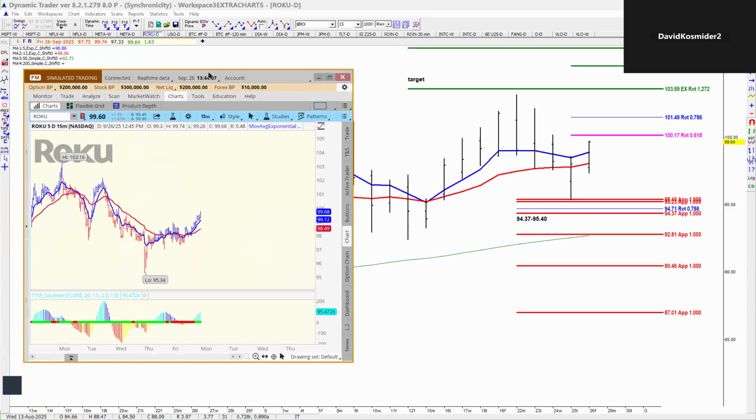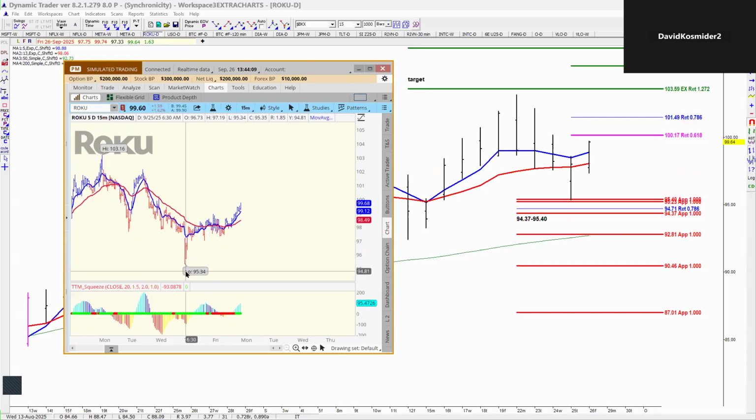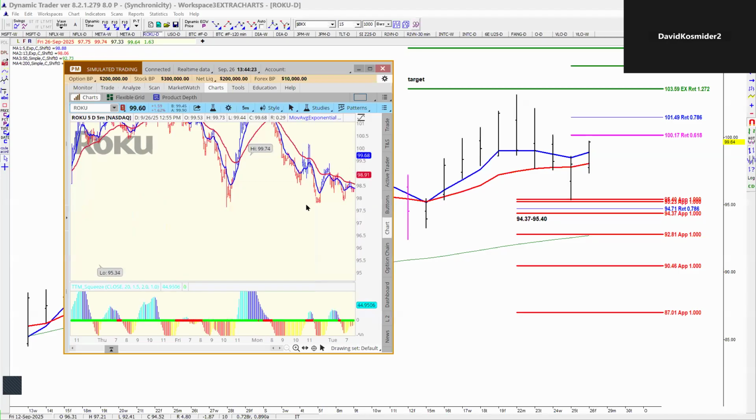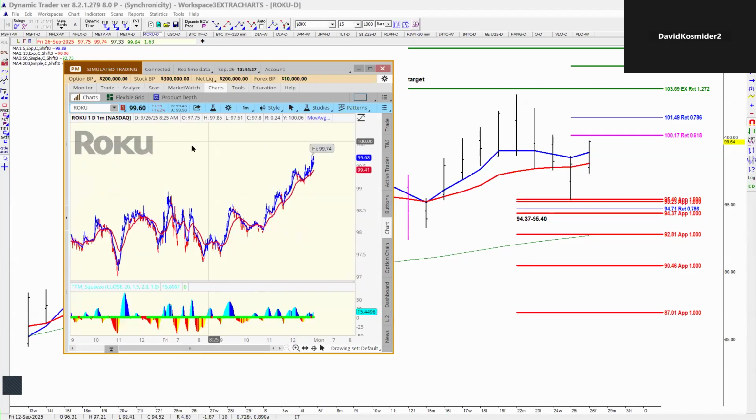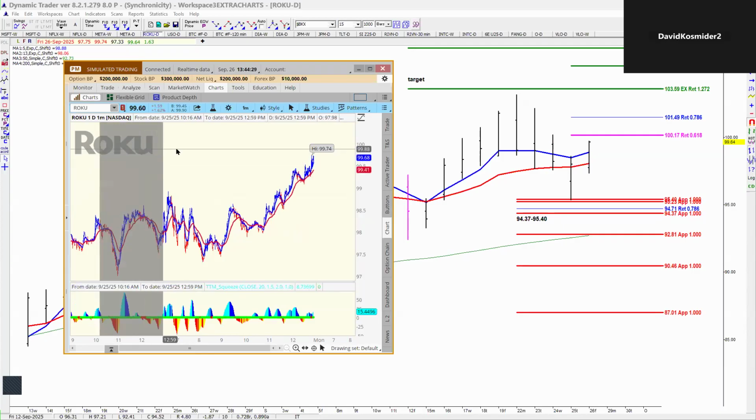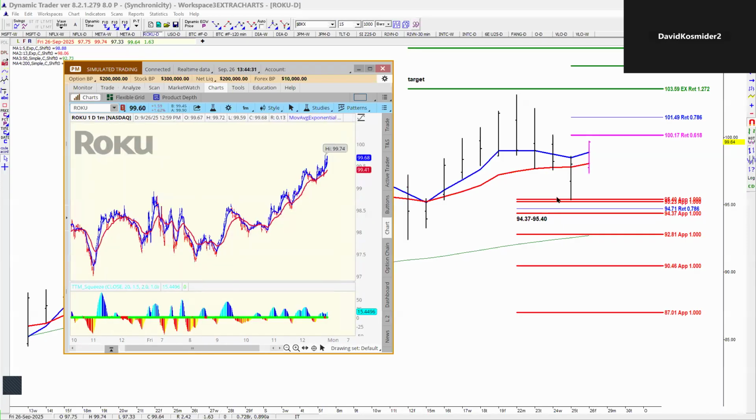Yeah, like Roku hit that support. And here it would have triggered on a 15-minute chart for a swing trade entry. So you could be long and have a stop underneath there. Potential target one is 105.29. Okay. And even if you used a smaller time frame chart, 1 minute, 2 minute, whatever, you would have seen some buy triggers against this area.